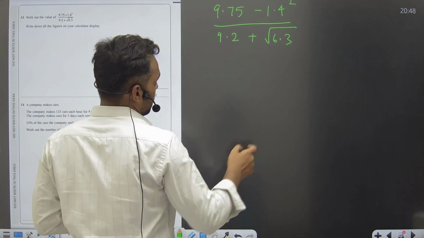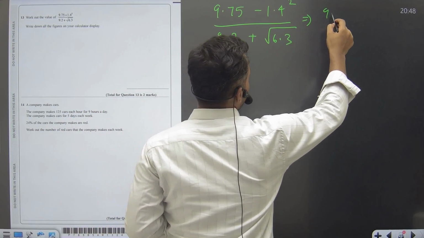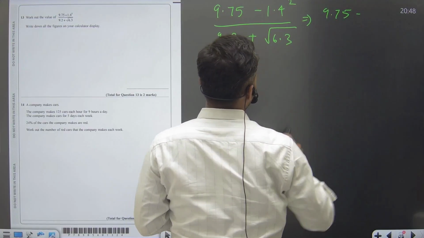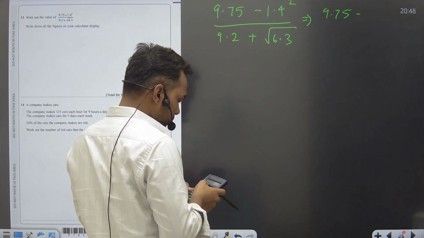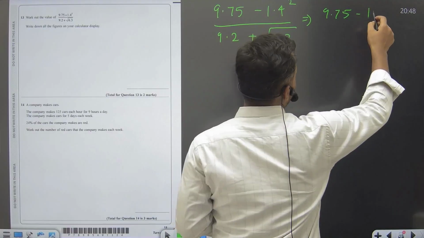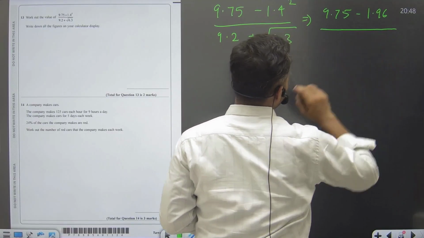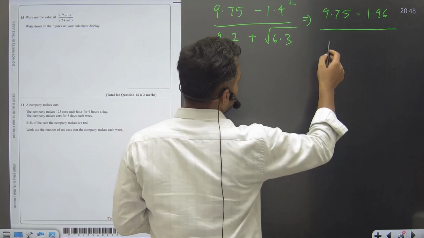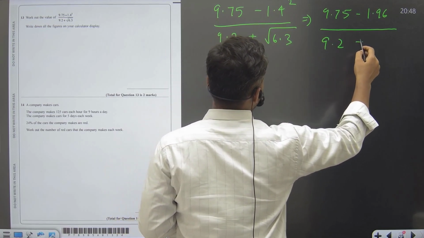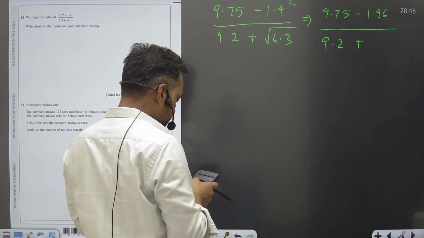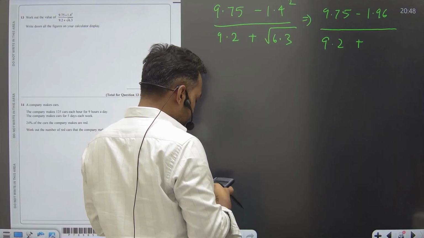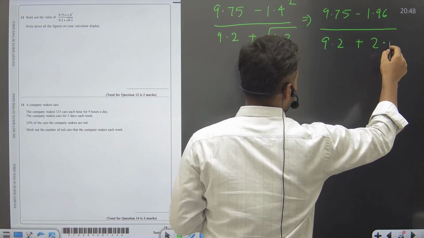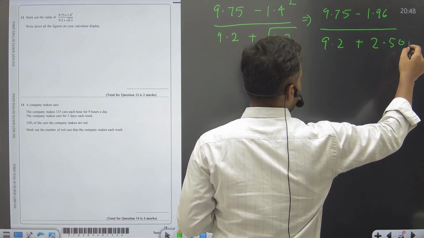See, in the numerator part, 9.75 minus 1.4 squared will be 9.75 minus 1.96. Okay. Now in the denominator, it will be 9.2, but for root of 6.3, we need to calculate. You will get 2.509.